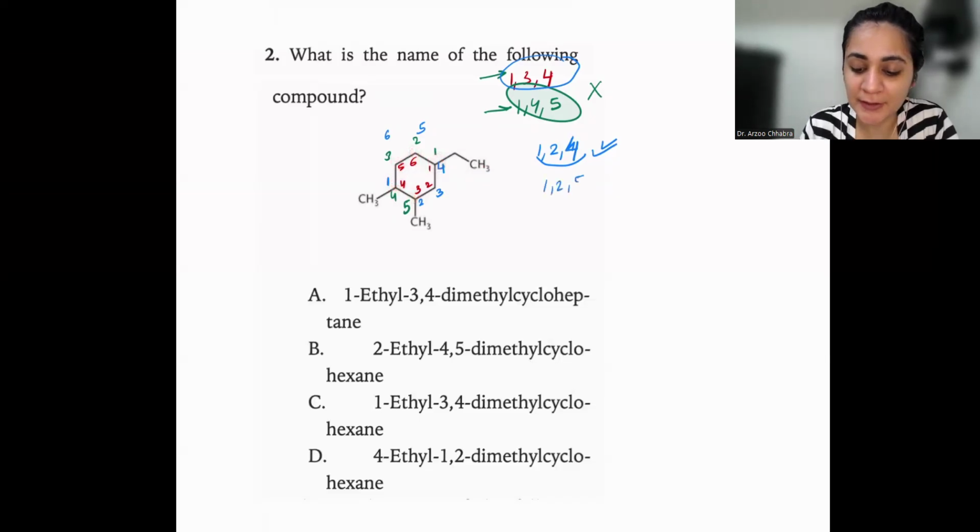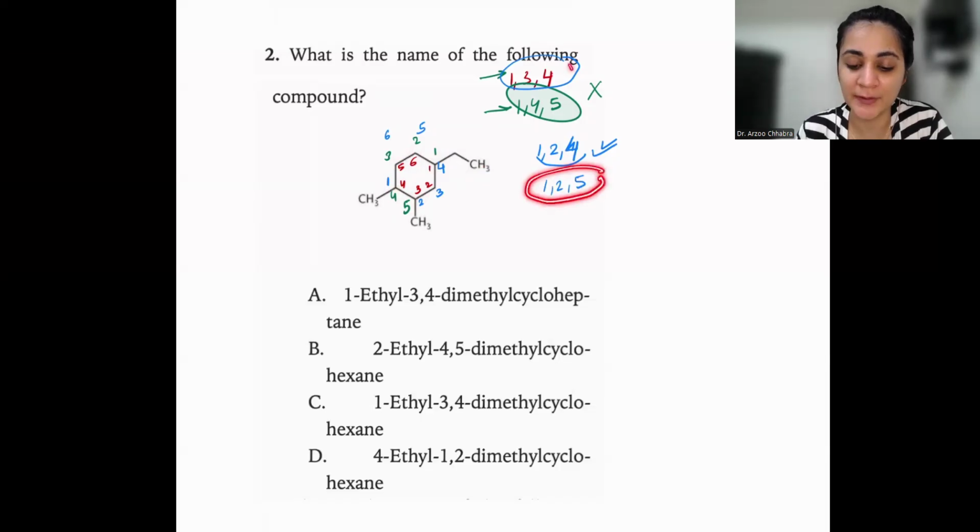So now you're trying to think, what is the difference between 1, 2, 5 and 1, 3, 4, really? If you think about it, 1, 2, 5 and 1, 3, 4 are essentially the same numbers, because the sum of these numbers is the same. So the sum of your substituents, or the lowest locants, should be the lowest, meaning the sum of all of these numbers should be the lowest.